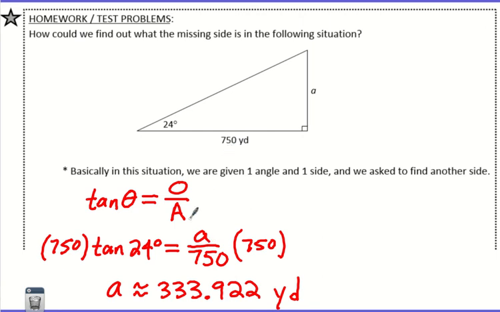I'm not going to actually carry it out all the way, but if the variable would have happened to be in the denominator, like let's say this would have been 750 over A, solving for A would have been at least a little bit more complicated than it was here, where all we needed to do was multiply both sides by 750. If A was on the bottom, it would have been at least slightly different. So you got to be on your toes about that kind of stuff. It's just kind of like a solving for the variable kind of thing. And now I'm done.